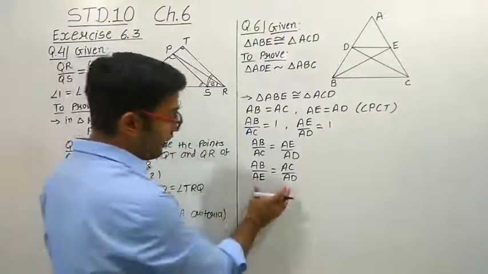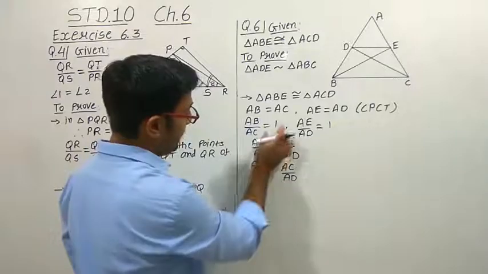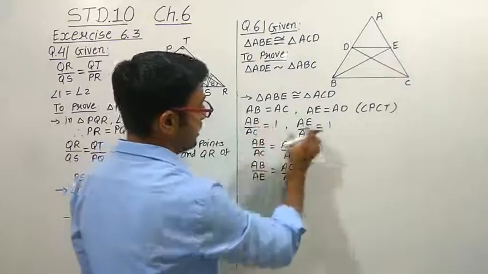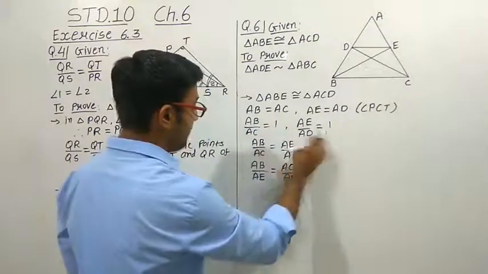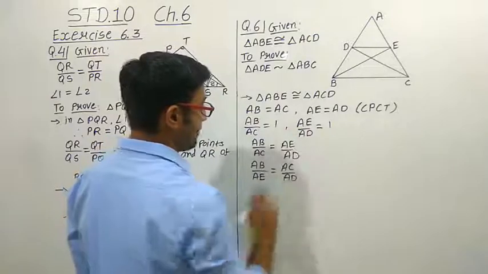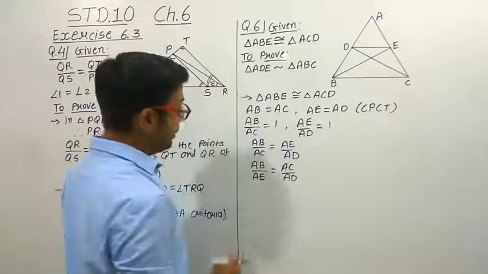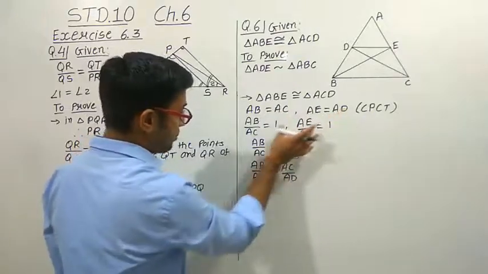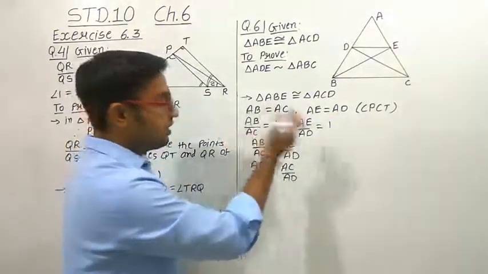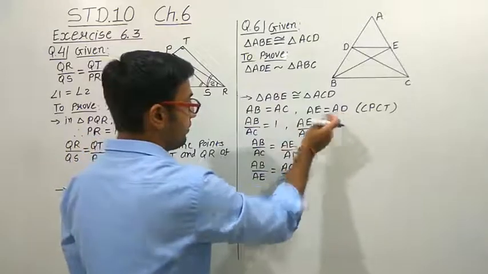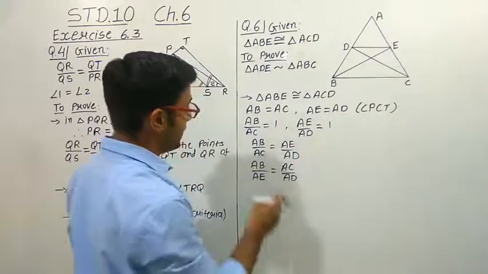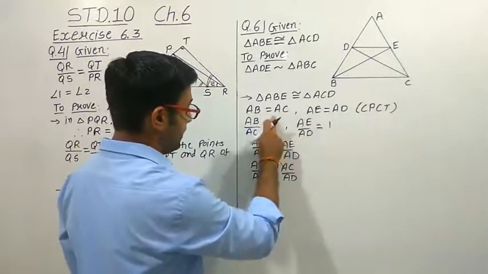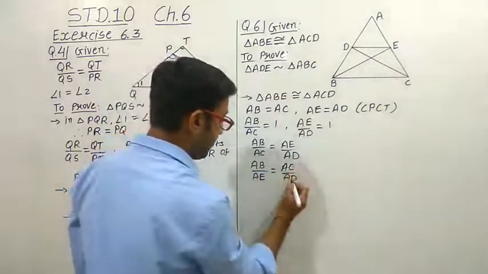We can also apply this by taking this AC to the left hand side and making both right hand sides equal, and then comparing. Or we can do this directly by dividing this equation with this equation, left hand side by left hand side and right hand side by right hand side. So we also get the same thing, AB upon AE is equal to AC upon AD.